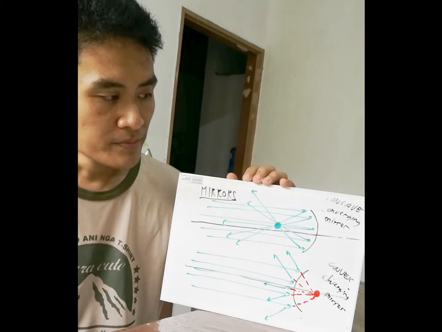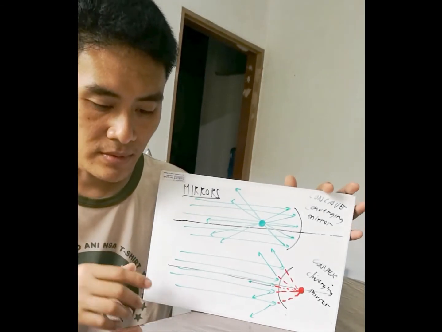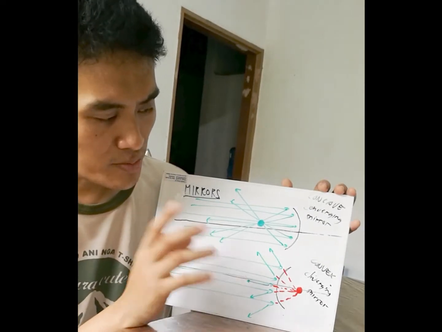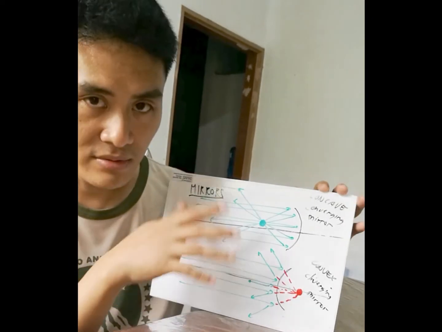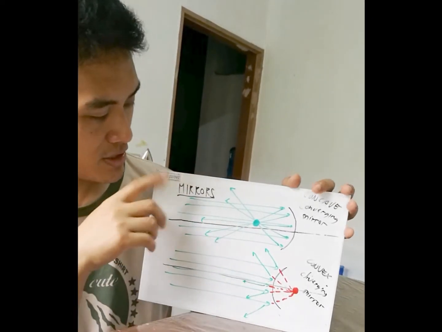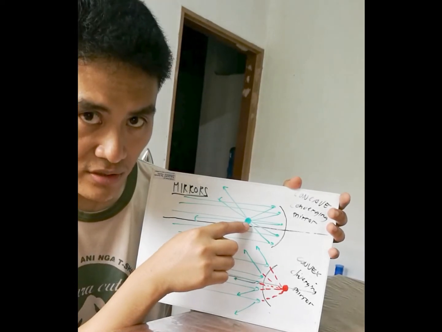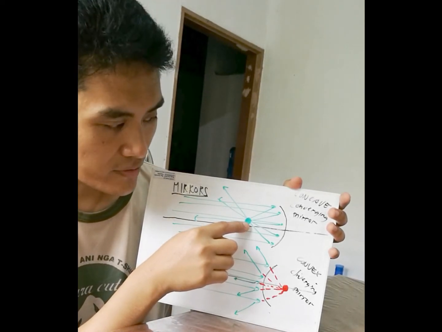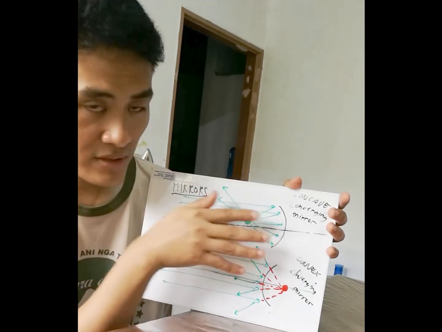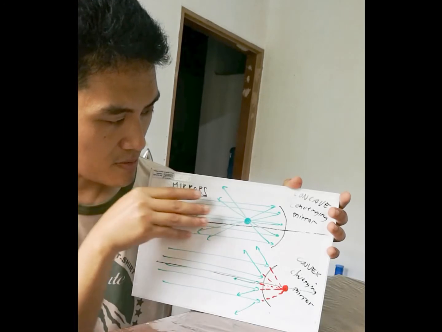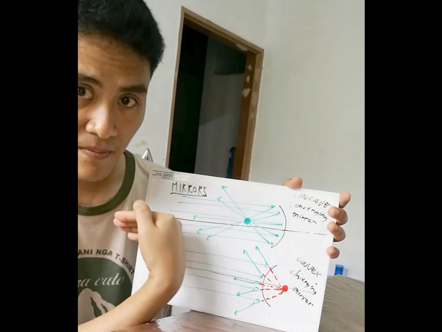Okay. Now, notice also that you can make a conclusion about the foci of the two types of each kind of device. So for a mirror, the real focus, right? The real focus, if you look at it, is from the side of the light rays. So if the light rays come from here, the real focus is at that side, right?